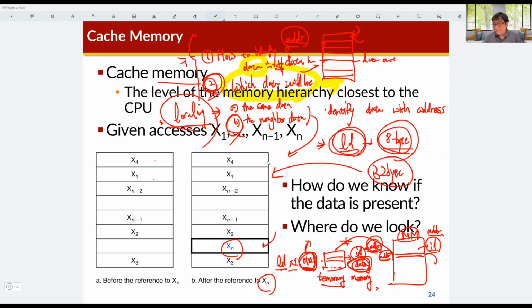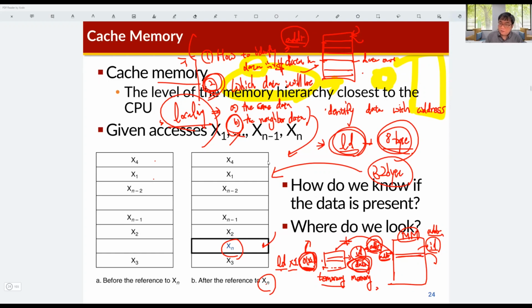I explained that we can identify a certain data with address. The size of the cache is very small, so all data cannot be stored in this cache. Only the selected data is stored in the cache. Then we need to identify which data is stored in the cache.